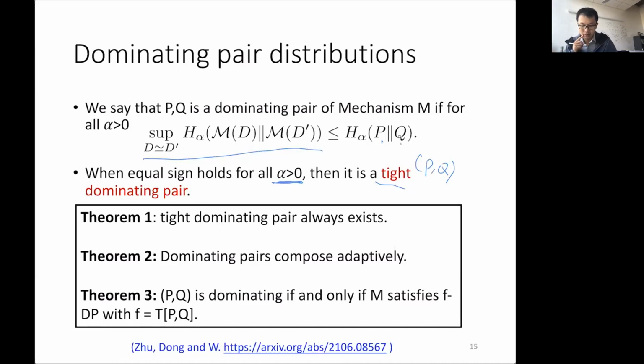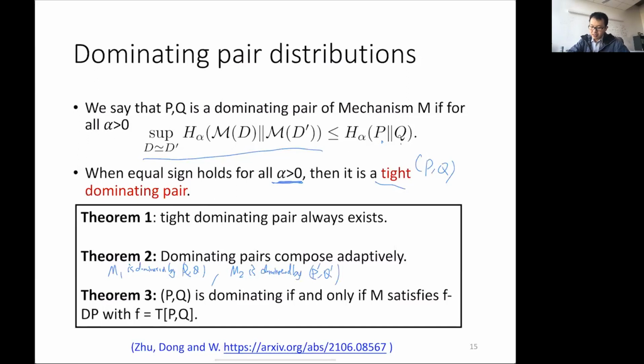The second statement that we know about dominating pairs is that they compose adaptively. So the idea is the following: suppose you have M1 and M2, and M1 is dominated by PQ, and M2 is dominated by P prime, Q prime.